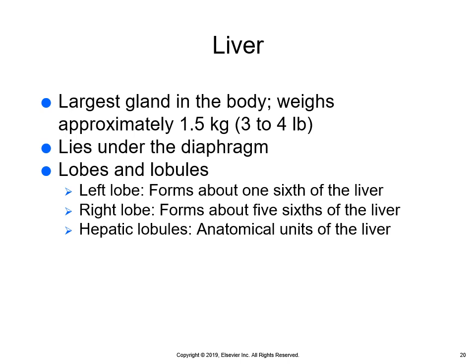We also have hepatic lobules. So these are the functional units of the liver. They're microscopic. And each of these lobules contains what we call hepatocytes. So these are liver cells.